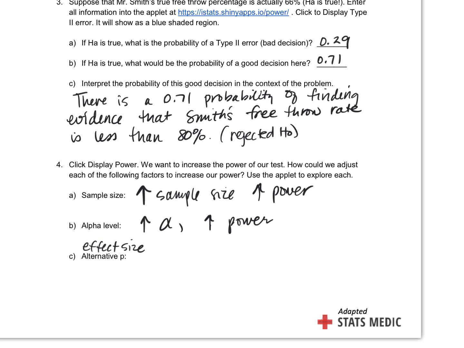Okay, so if effect size increases, our power increases. Isn't that nice? They're all the same way. Your job is to remember what effect size is: the difference between the alternative and the truth. Not bad, right? We good? Okay.